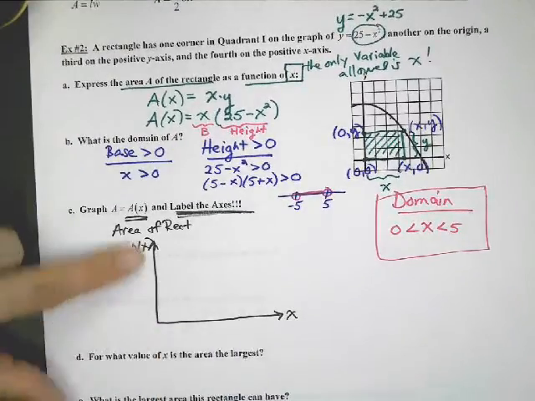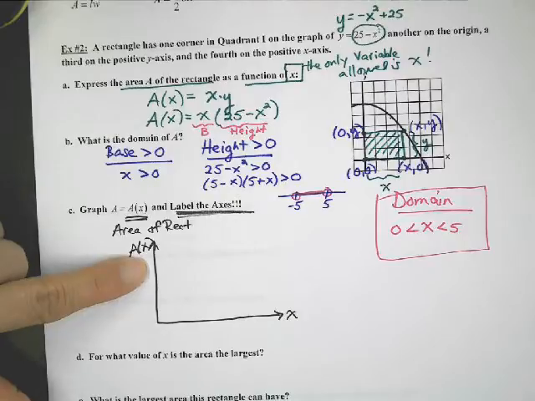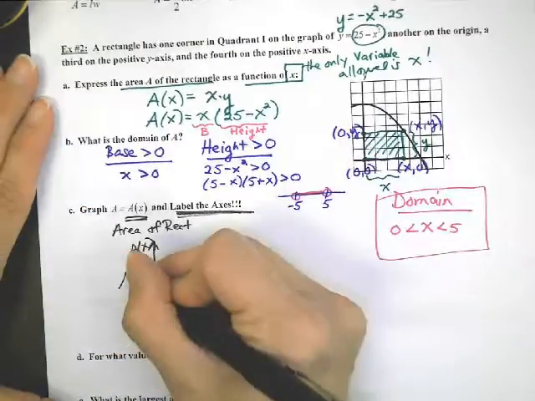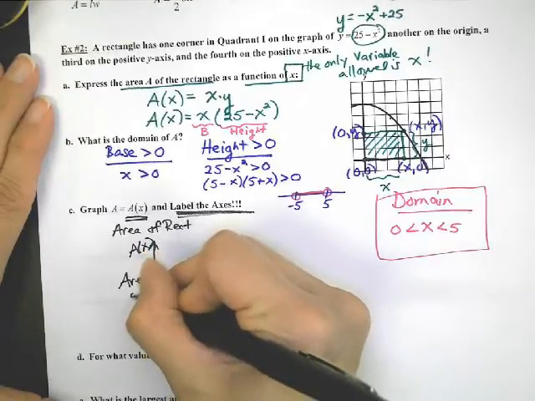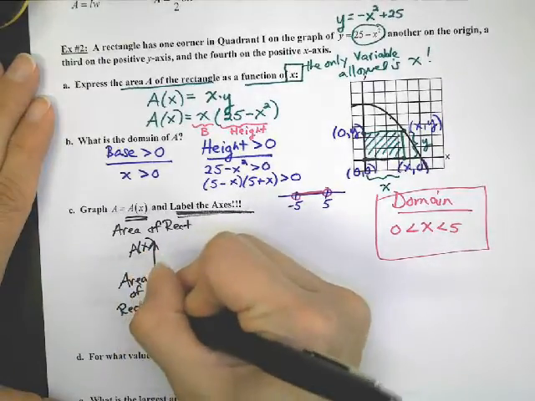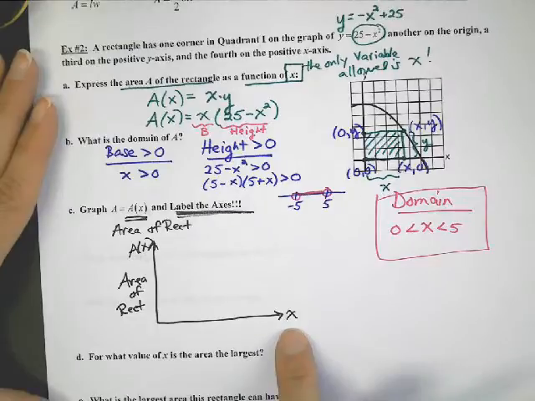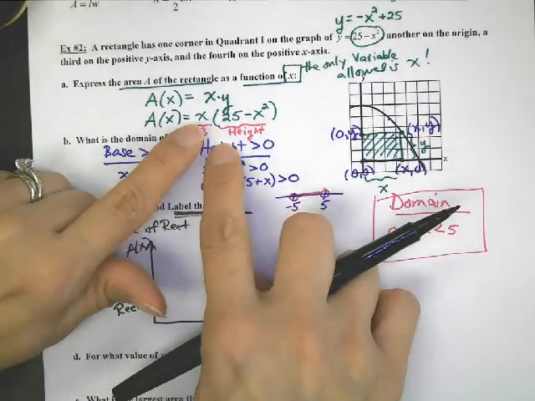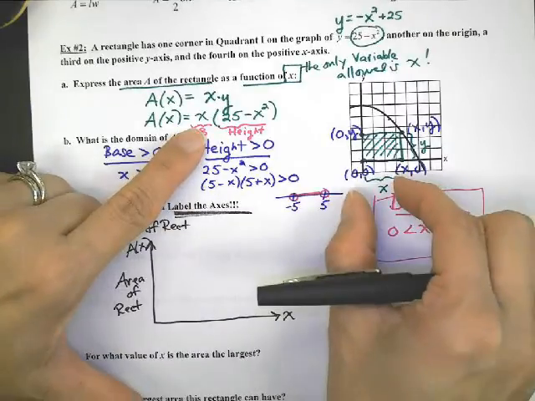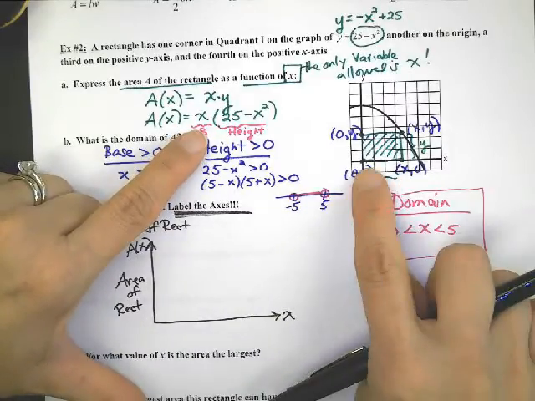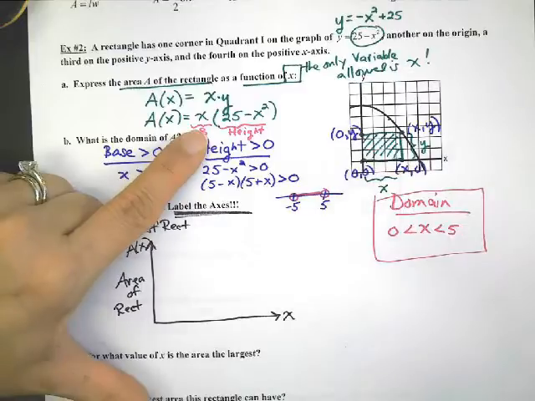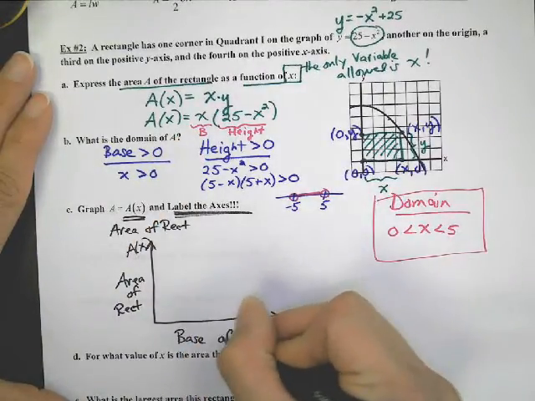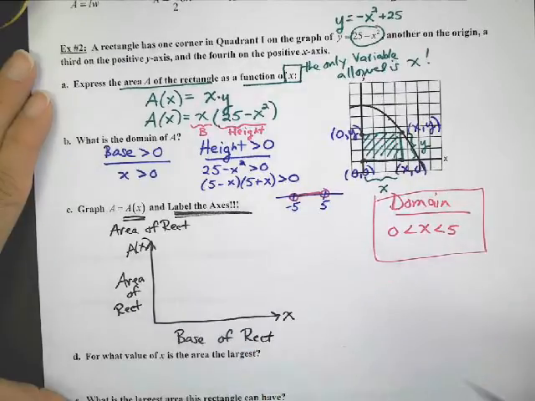So what does the A of x axis represent? The A of x tells you right here represents area of the rectangle. And what does x represent? I see x in the equation, and that x came from this picture, and x represents the base of the rectangle.